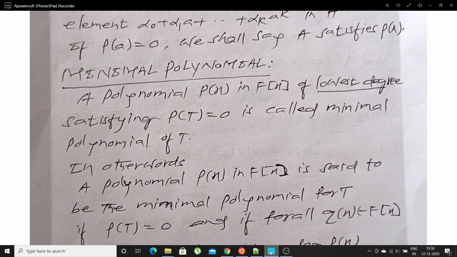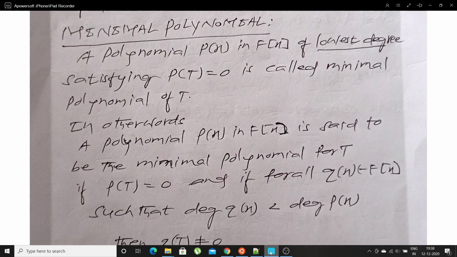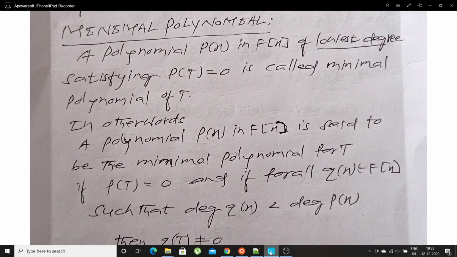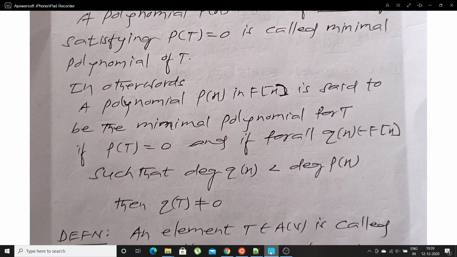Okay, if p of t equal to 0 and for all q of x belongs to F[x], that means q of x is also a polynomial, belongs to set of polynomial rings, and we denote it by F[x], such that degree of q of x is less than degree of p of x. What that p of x stands for?